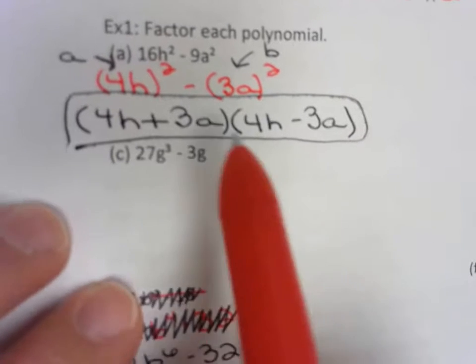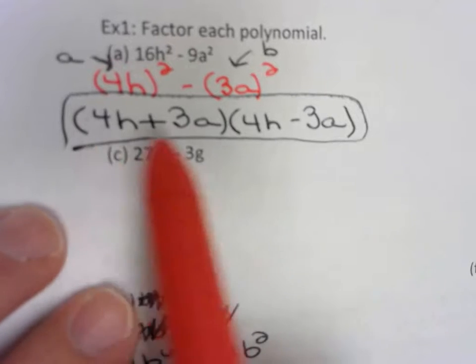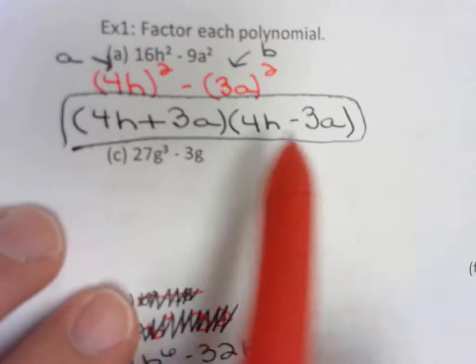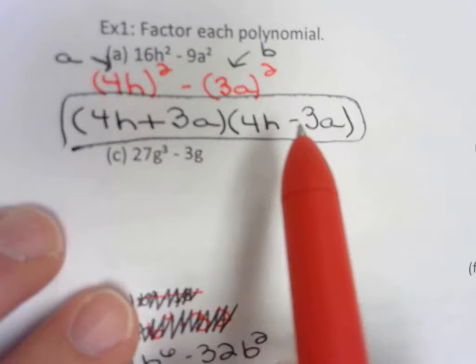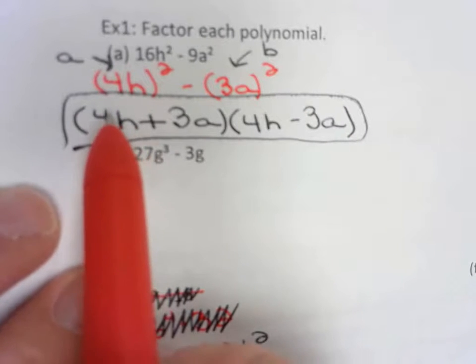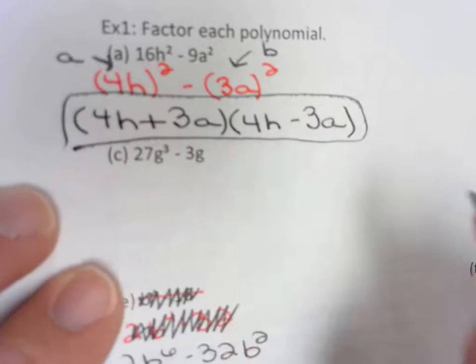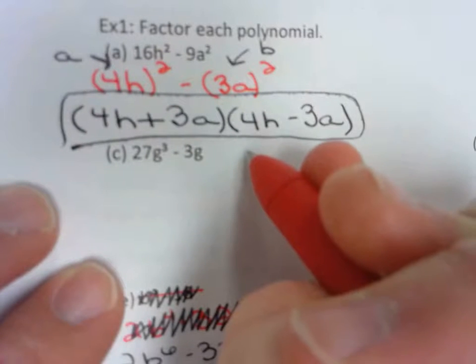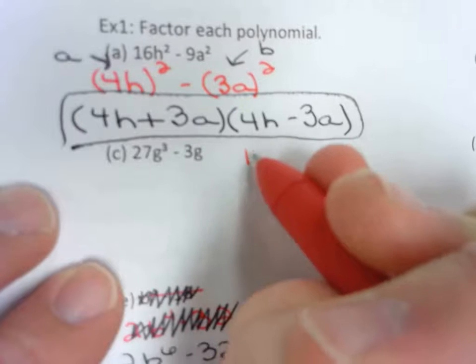So if I check this, how will I multiply this? Using what? It's a binomial times a binomial. So I'm going to use FOIL. Or just think distributing, if FOIL will confuse you. 4h times 4h is what? 16h squared.